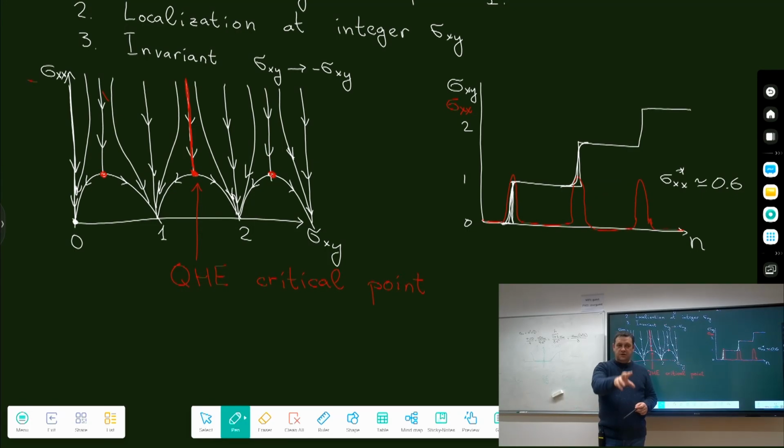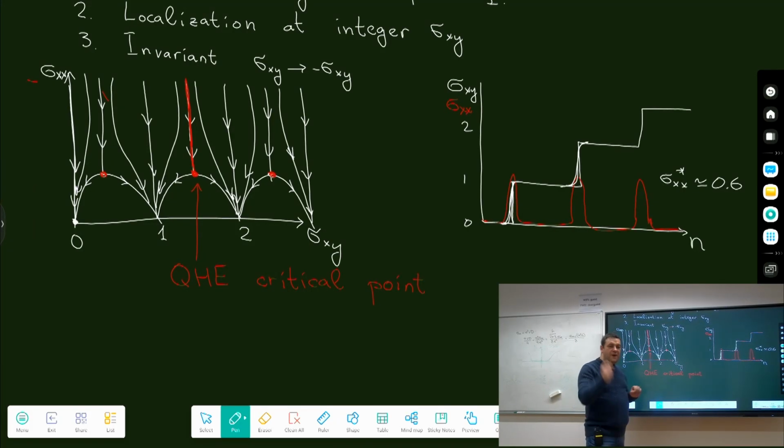And actually, this calculation is only correct for large values of sigma xy. It's not correct near this 1 to 3. It's correct near 10, 20, 30. So near these points, it might happen that sigma xy as the parameter in the action is not the same sigma xy as you measure in the experiment.